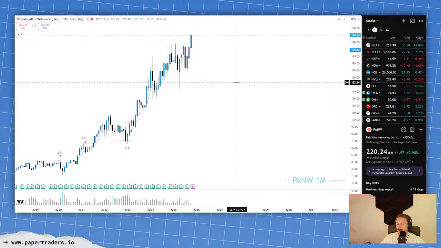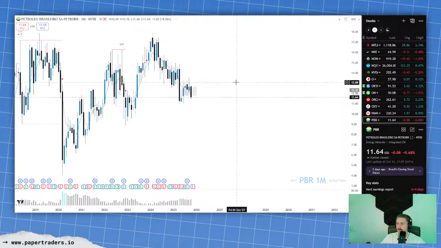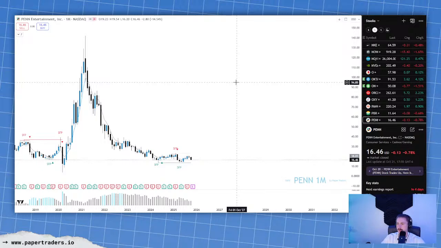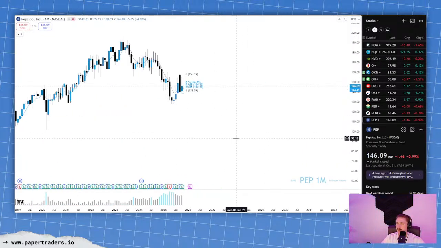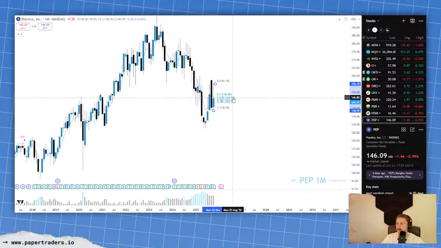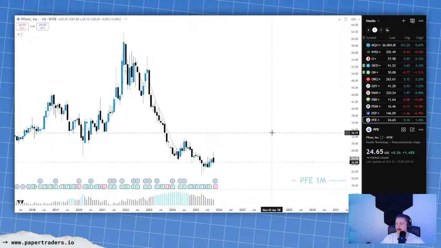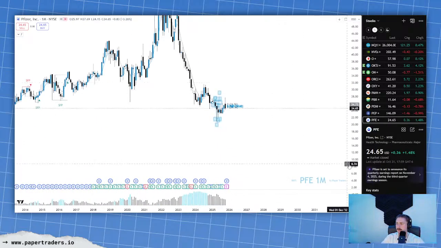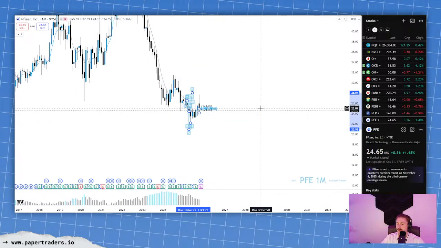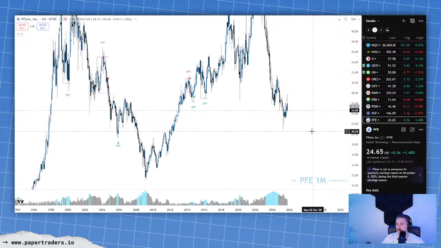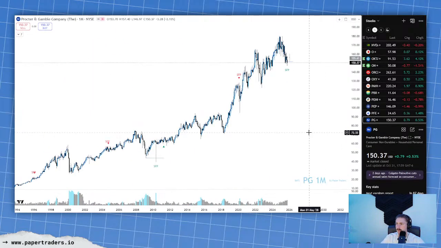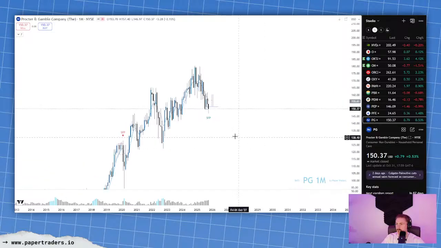PNW, monthly. Continue. PBR, PEN. PEN looks horrible. Yep. PEP, C. Looks heavy still. Yeah. Pfizer, Schwab. Send that thing back down to $12. PG, monthly.